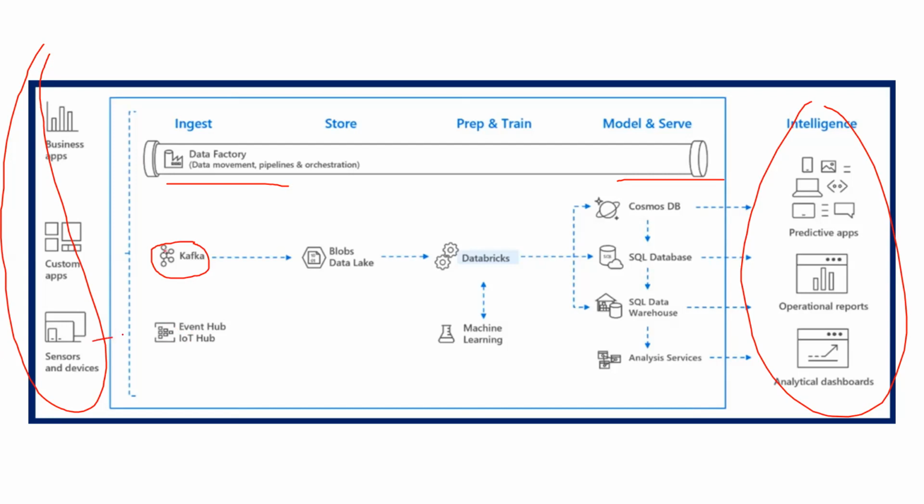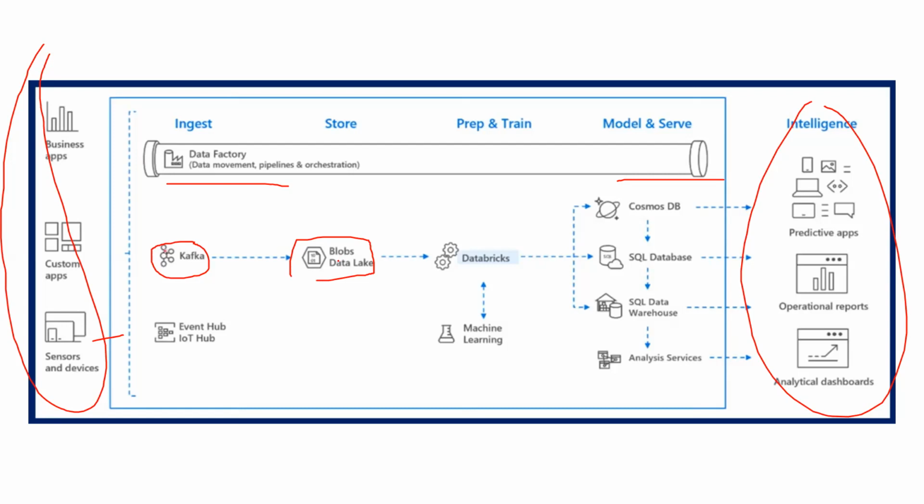So data is coming from a variety of sources, and you might have different sources to store it. What happens is Databricks will store it in data lakes. The data is coming from various sources and it is stored in the data lake.